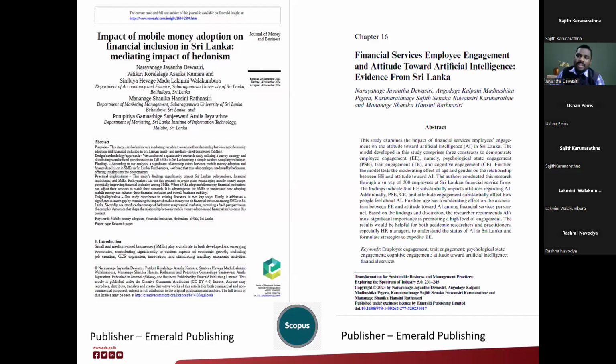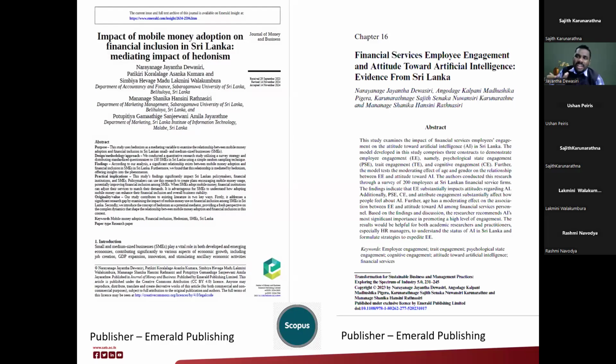There are already developed instruments or measurements for mobile money adoption, and also for financial inclusion.